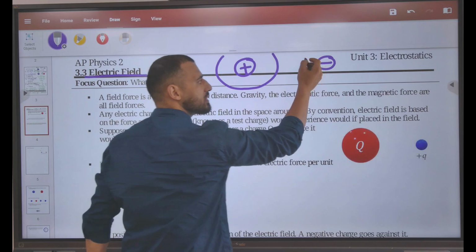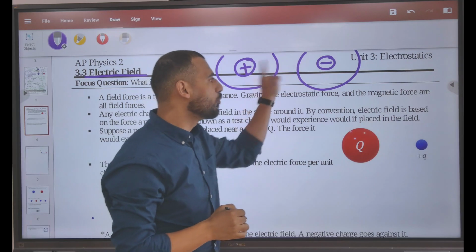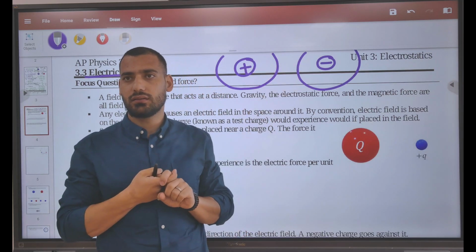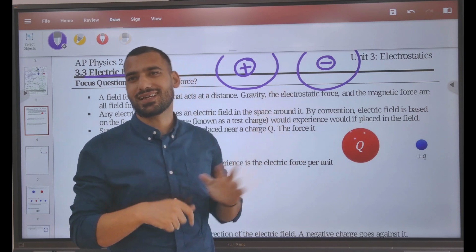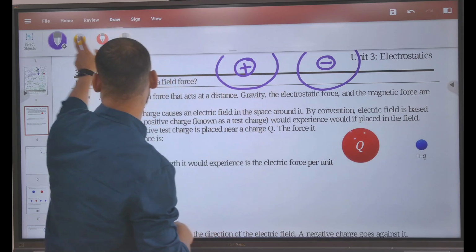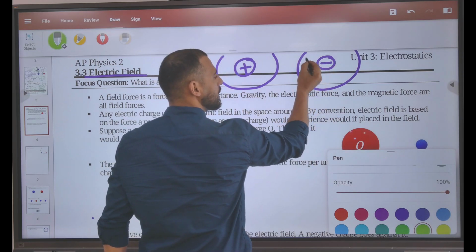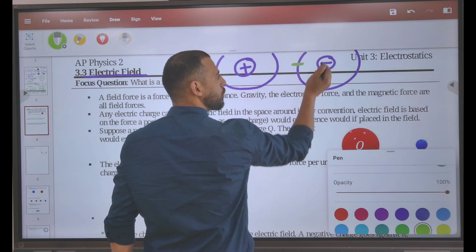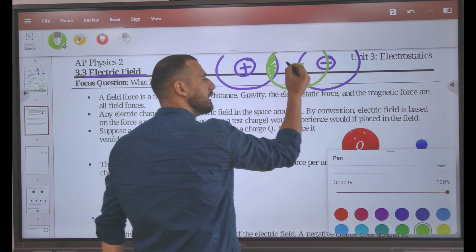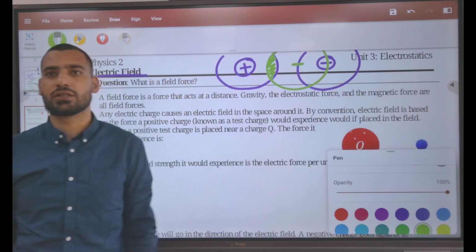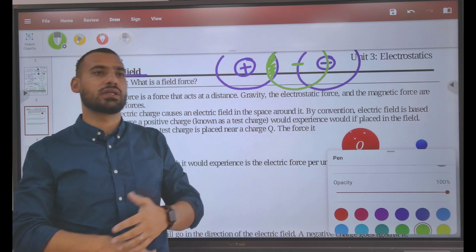Similarly, for this negative charge, for example, this is its modified space. Are the two modified spaces interlinking? Are they overlapping? They are not. Therefore, they will not attract. For them to attract, this negative, for example, should come here. Because then its modified space will be something like this. And now there is some linkage between the two fields. Understood? And this linkage will result in the force called the attractive electrostatic force.